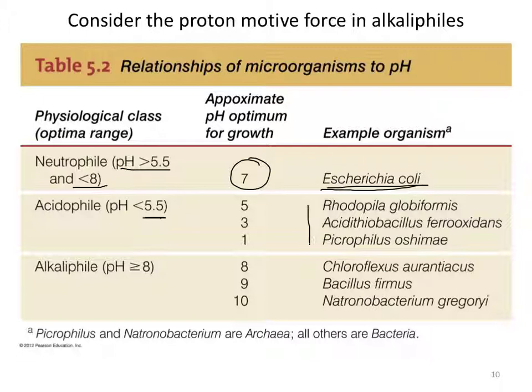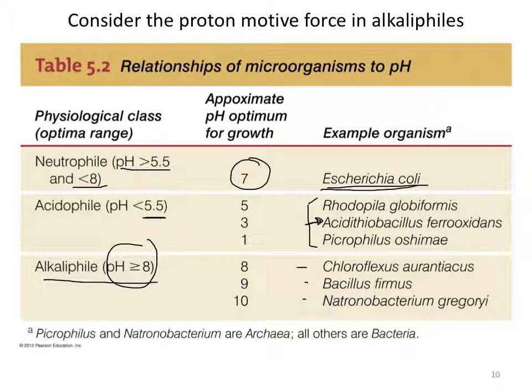Here are examples of a few different organisms that fall into that group. This particular one is common in acid mine drainage. In fact, it's one of the only environments that it's been isolated from. Alkalophiles like pH greater than or equal to 8. So there are quite a few known bacteria that fall into that category.